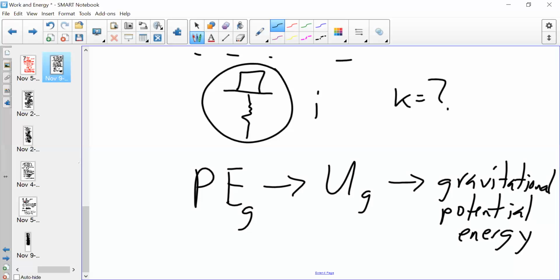So we have a non-isolated system, conservation of energy. Basically, they're telling you what kind of energy we're talking about, the conservation of mechanical energy.